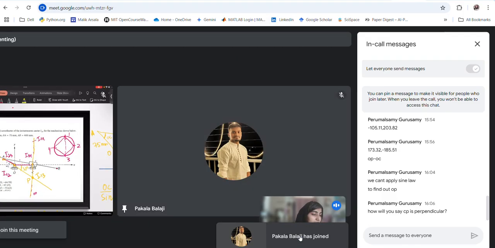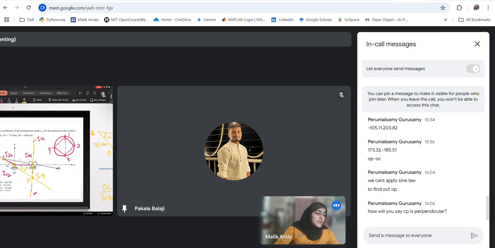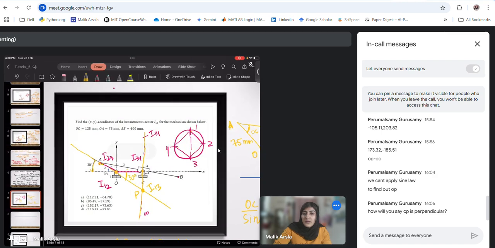If the slider is moving along AB, then the I14 line will be perpendicular to that. That is why we extended that line. So this whole line is perpendicular to AB. That is why CP is perpendicular.